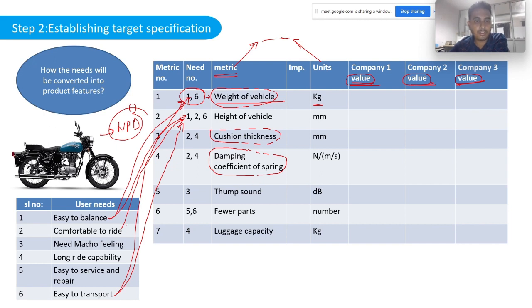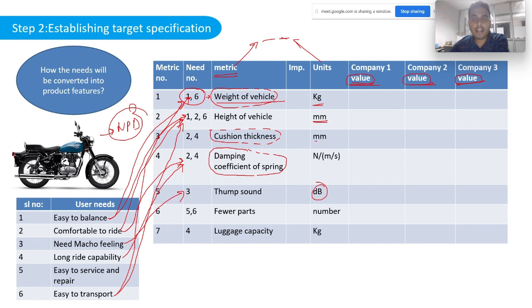Okay, good. So basically we are addressing two needs: one is comfort of riding and the other one is long ride capability. Similarly, macho feeling is like the thump sound, and the unit will be dB.